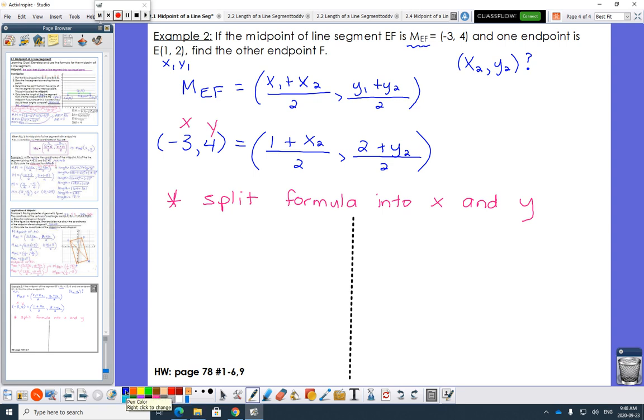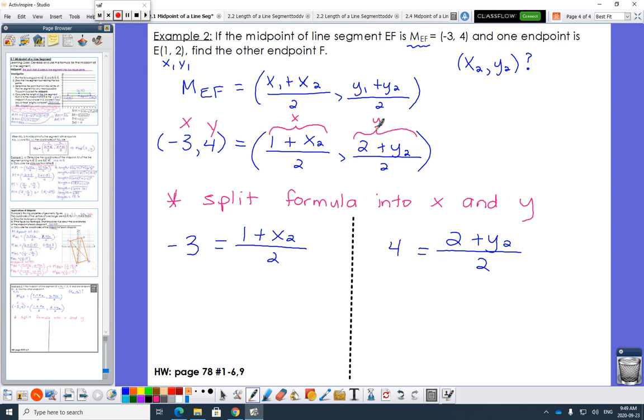So when we have this, that's going to be the x value of the midpoint. What is the x value of the midpoint? -3. This, the y part, gives us the y value. What's the y value? 4. Again, this weird notation is because it's trying to give us an ordered pair.